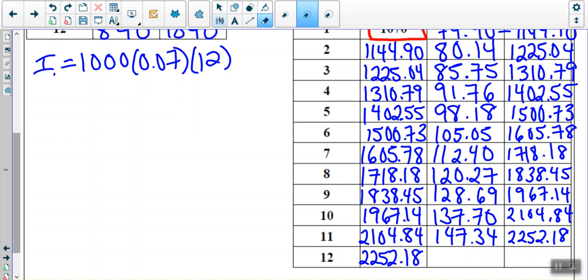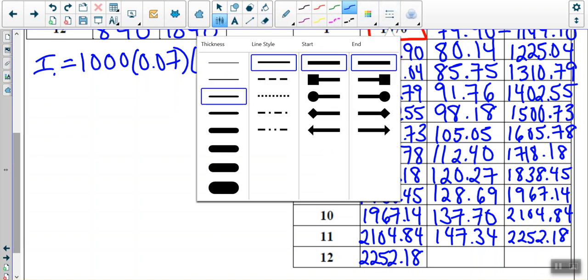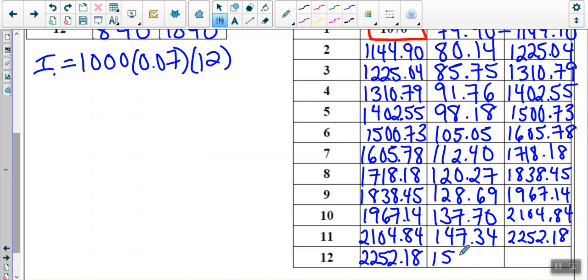So if you did fill in that last column there, you would have almost another $200 here. Not quite sure if we took it out at the start of the year or at the end of the year, depending on how that's worded.